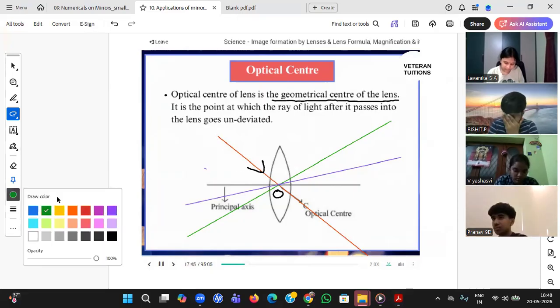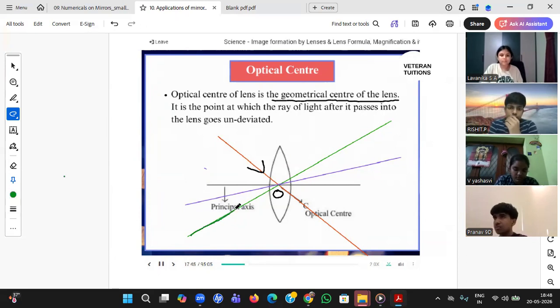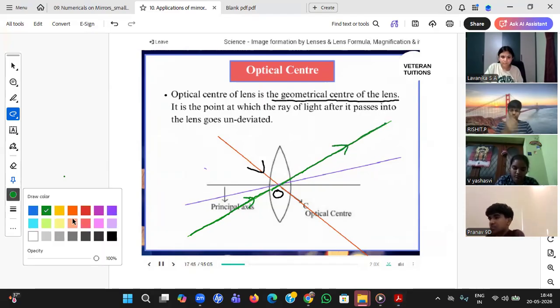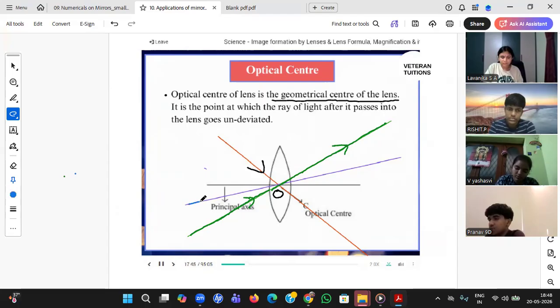It says that if there is some light passing through one point of the lens and the light is going undeviated, that is nothing but the definition of optical center.